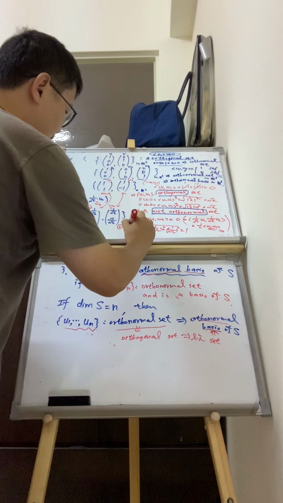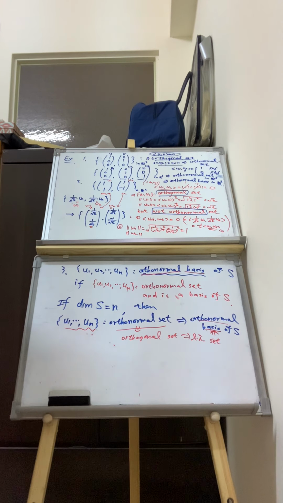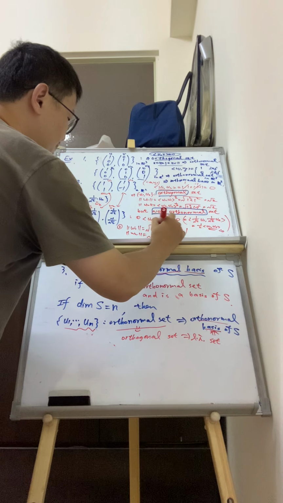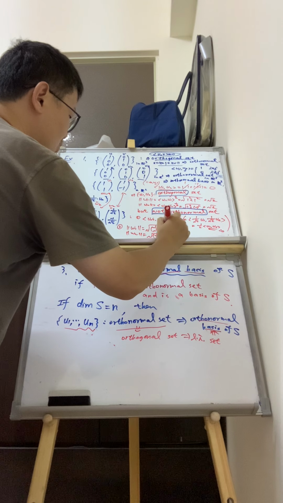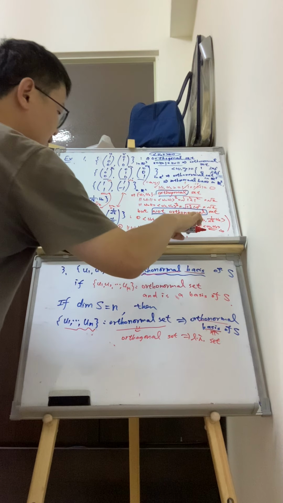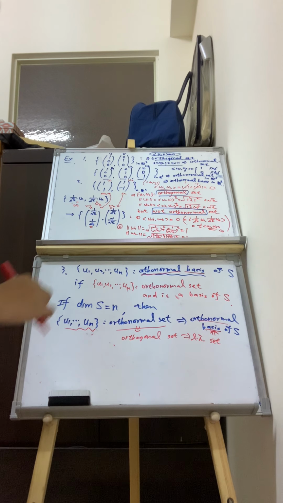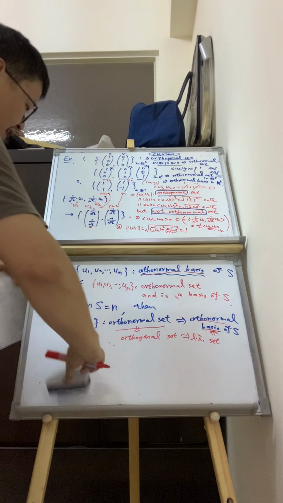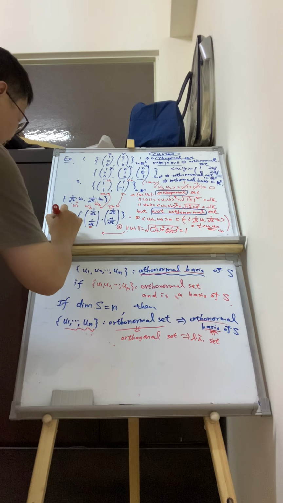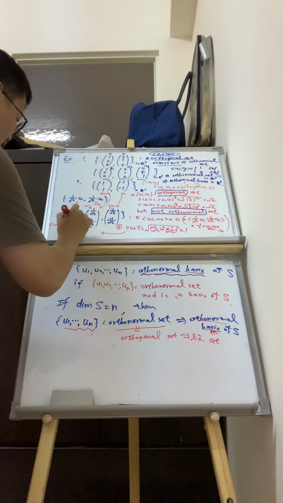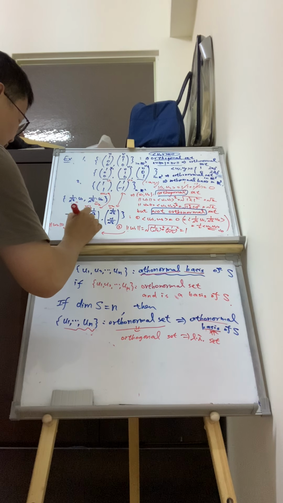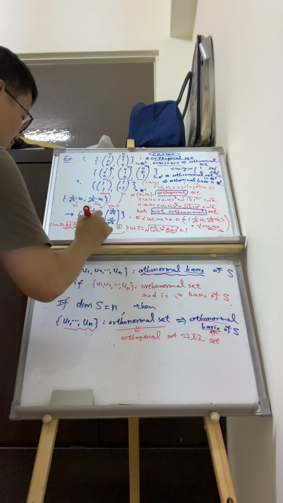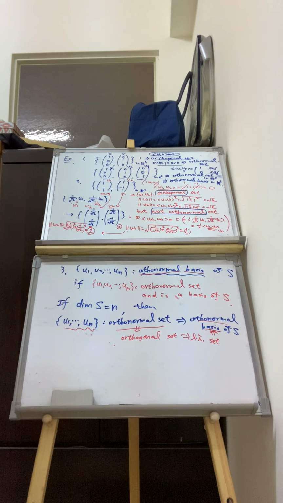The length of w2 is the square root of 1 over square root of 2 squared plus negative 1 over square root of 2 squared, so it's also 1.